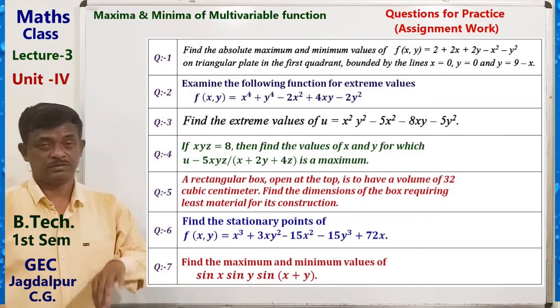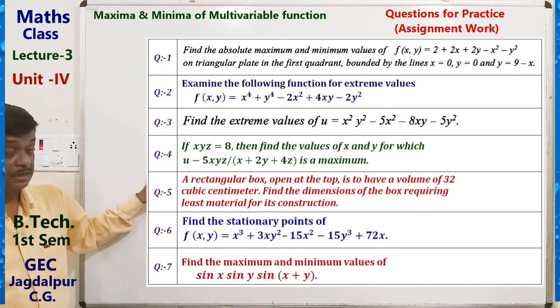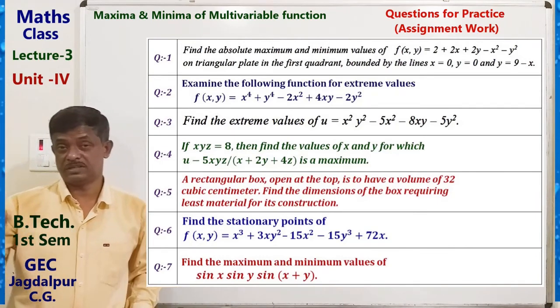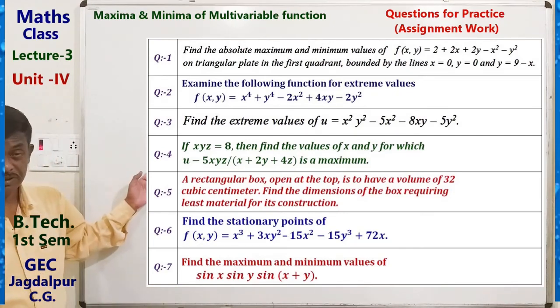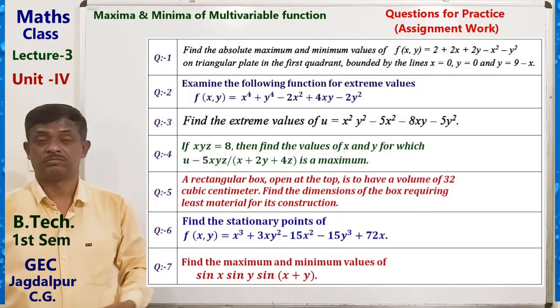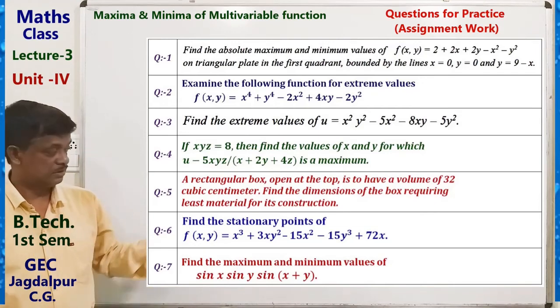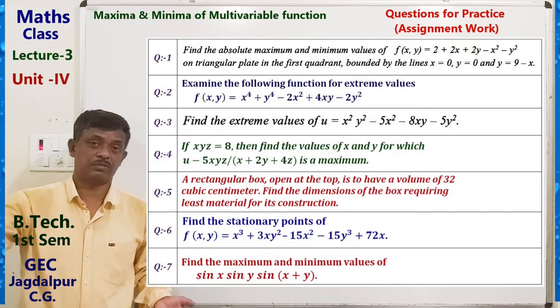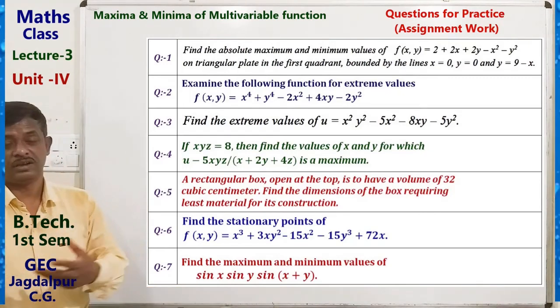R is greater than 0, minimum. If RT minus S square is less than 0, then there is no maximum, no minimum. That is a saddle point. And if RT minus S square equals 0, you cannot decide by this method. So check by using another method, a geometrical method, etc.